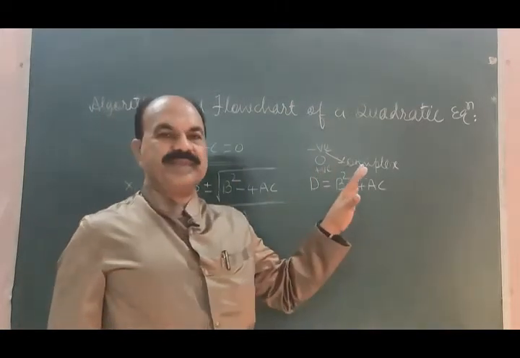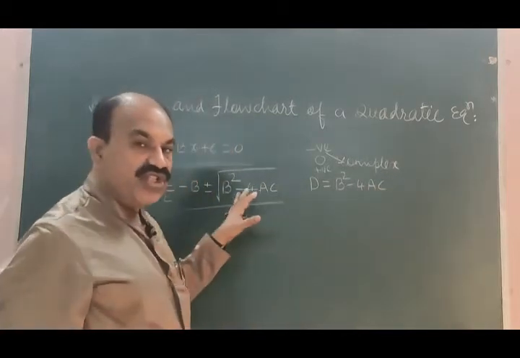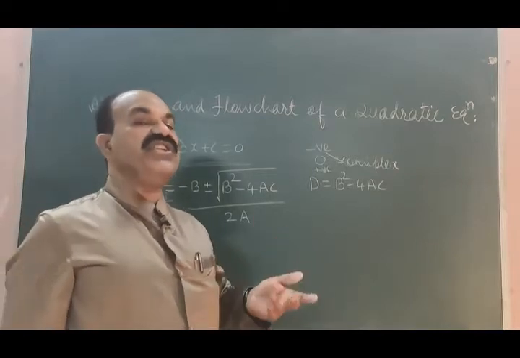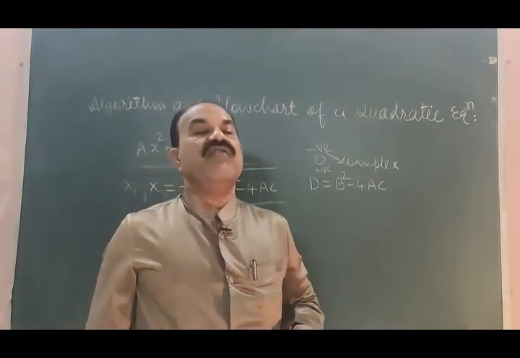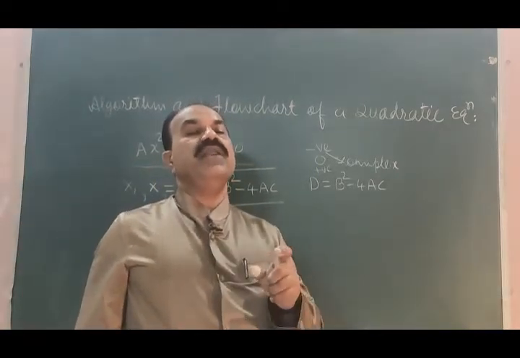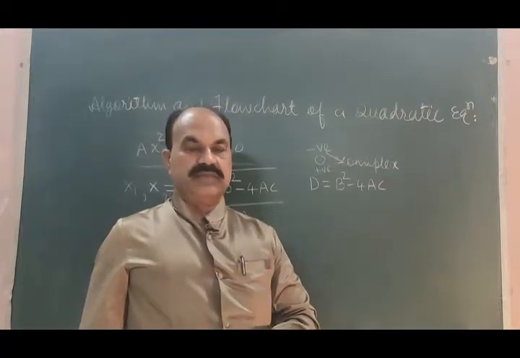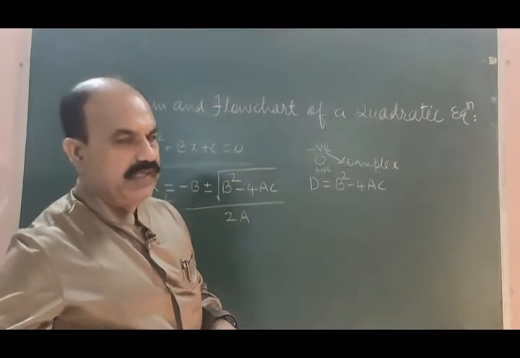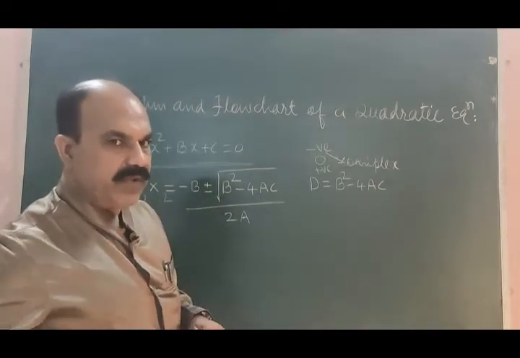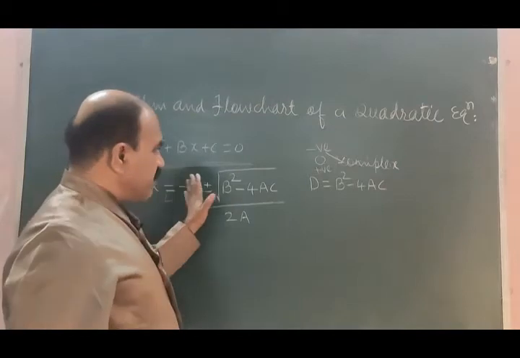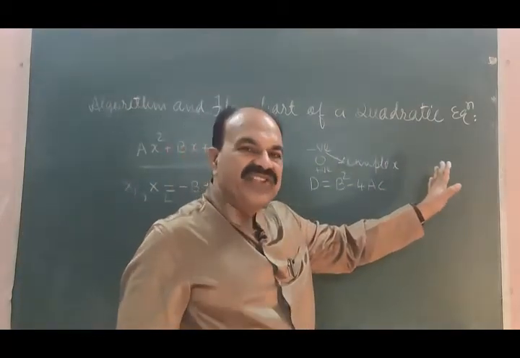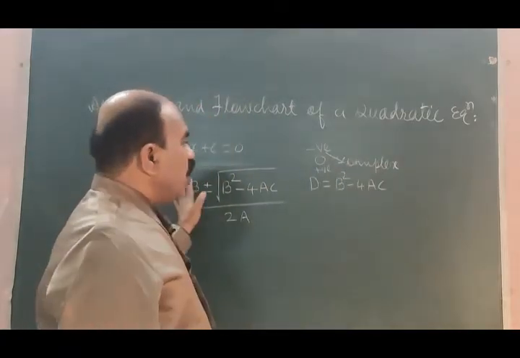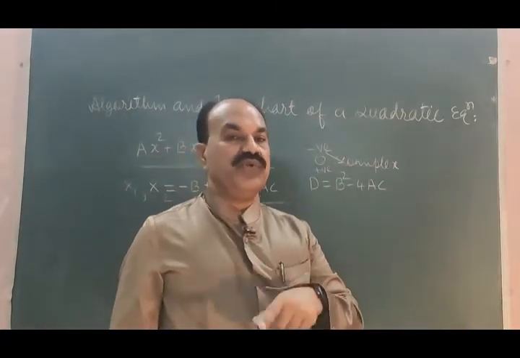What things I explained? Using these things, I want to write the algorithm and then the flowchart. Let me write the algorithm. Remember, I am going to consider all these things I told to you.